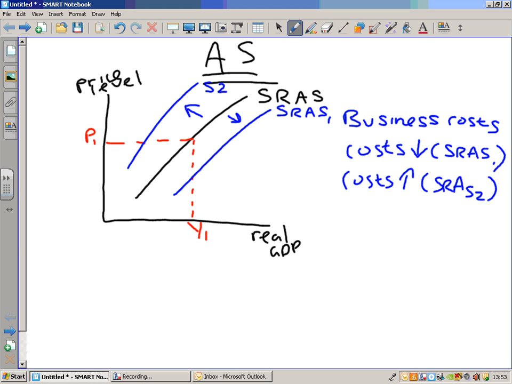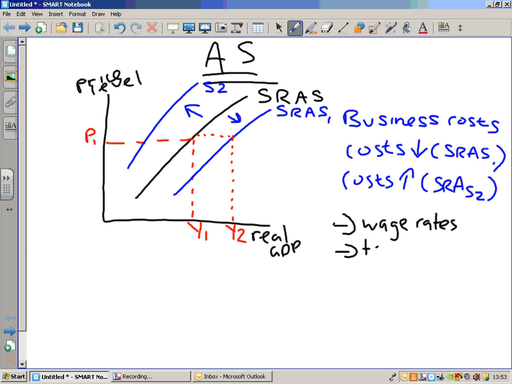Now let's think very quickly about what can lead to business costs changing. So if we go from SRAS to SRAS1, we can see that at P1, businesses are now willing and able to produce Y2 rather than Y1. Some costs that we could change, or lower in this case, to create this change could be a change in wage rates. As wage rates fall, business costs will fall.